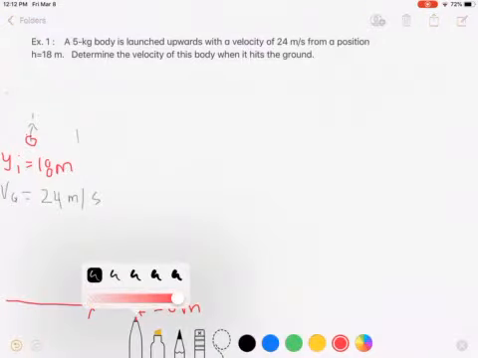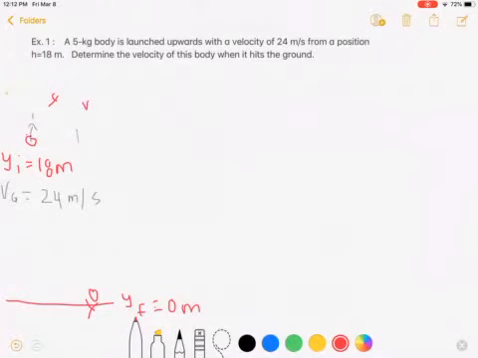So from this interaction, we know that if an object is launched upward at a velocity from some height above the ground, this is type 3 freefall. When it reaches its maximum height, its maximum position from the ground, it's going to have a y velocity of 0, for a brief instant before it changes direction and moves back down towards the ground.